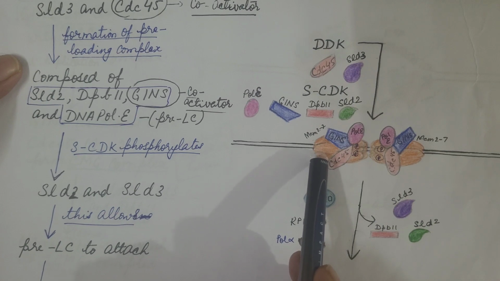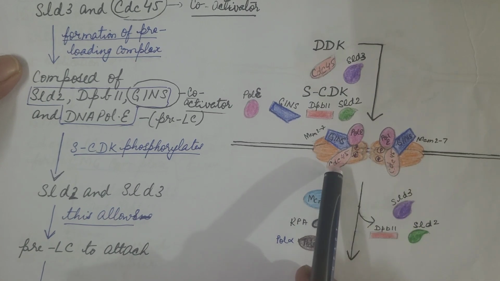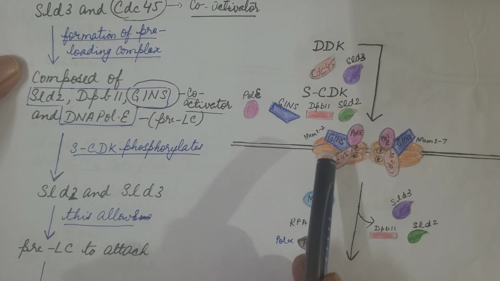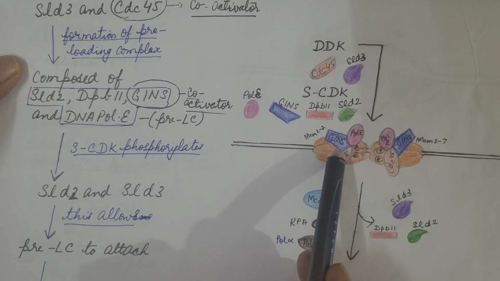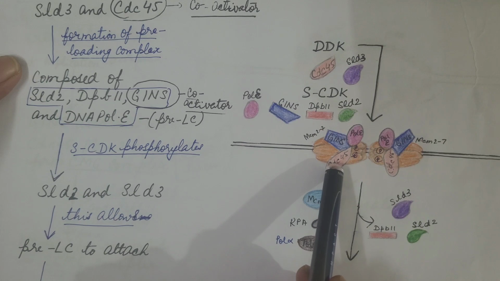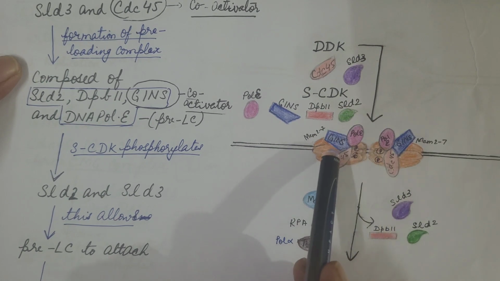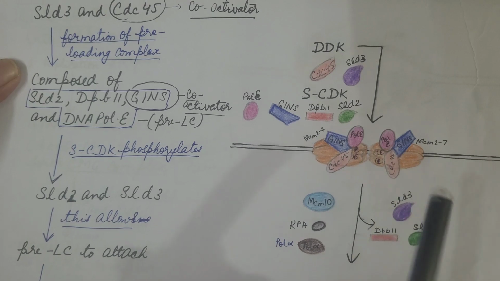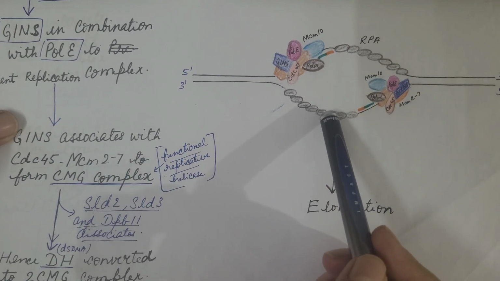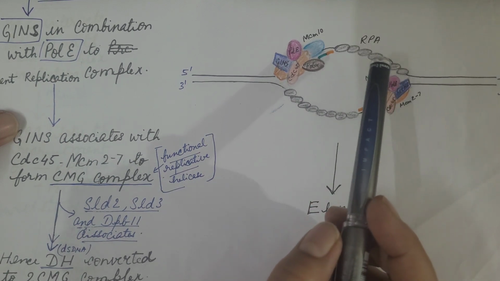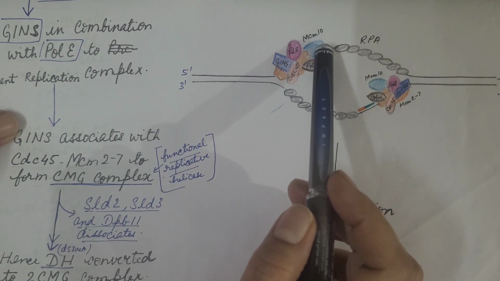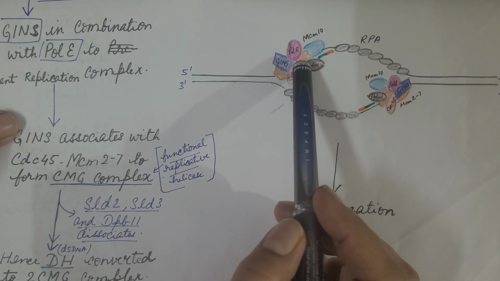So what happens? The CMG complex is formed, which consists of CDC45, MCM2-7 and GINS. This is the functional replicative helicase. It causes the unwinding of the DNA at the origin. The two strands of the DNA unwind, resulting in single-stranded DNA. MCM10 attaches to the CMG complex.